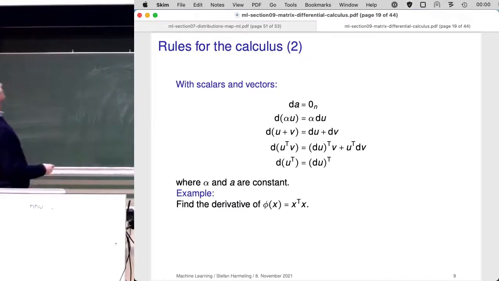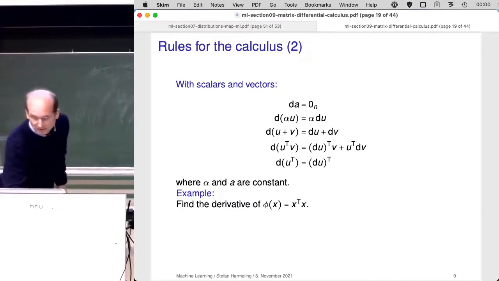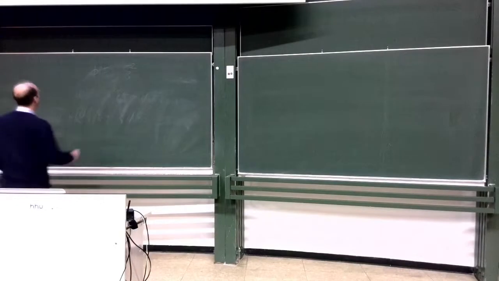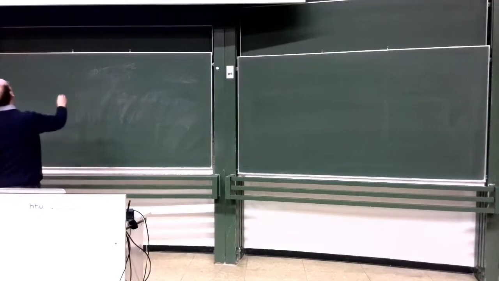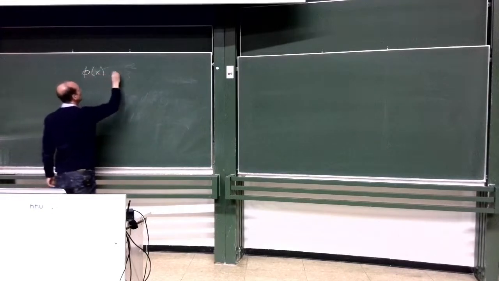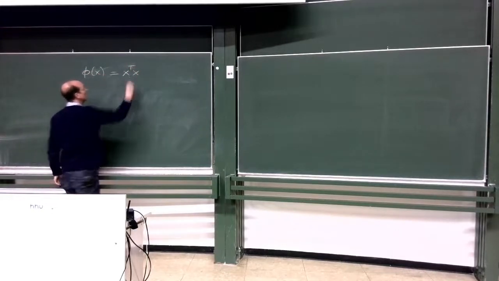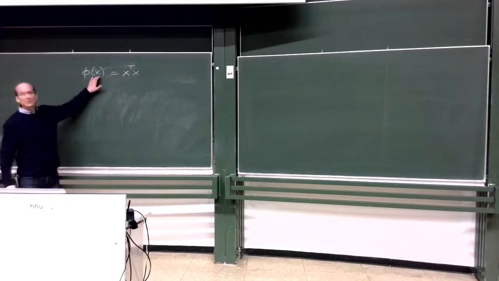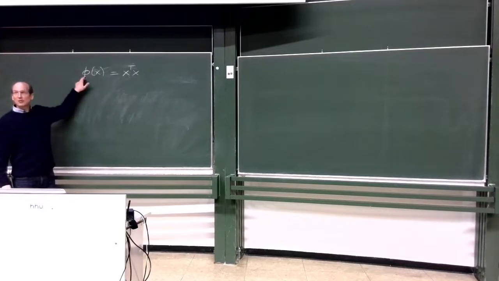We would write down, okay, let me switch to the board. So first of all, phi of x. Notice the input is a vector, the output is a little Greek letter, so the output is a scalar. Okay, and you can also read it from the phi here, which is super useful.